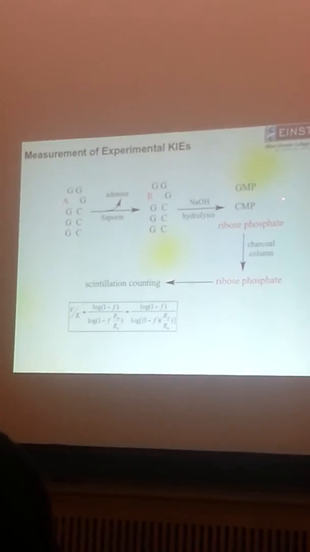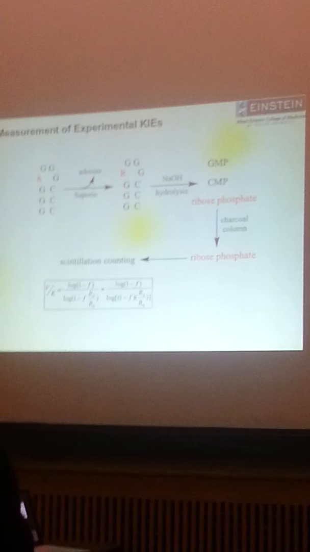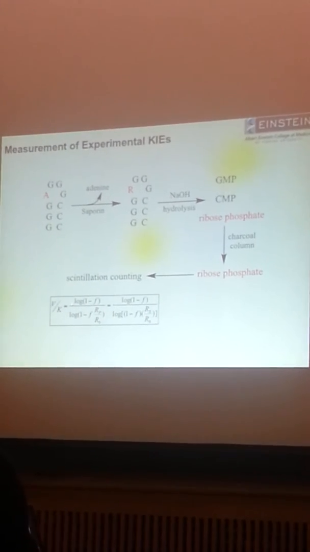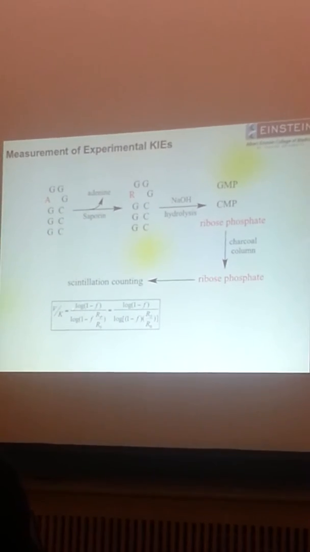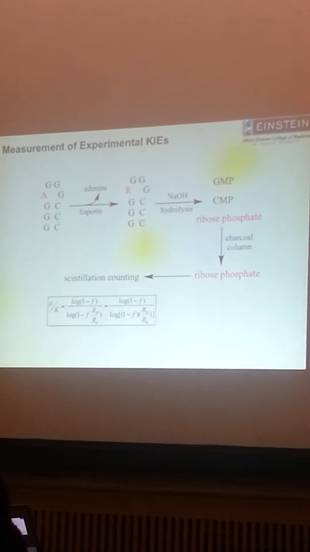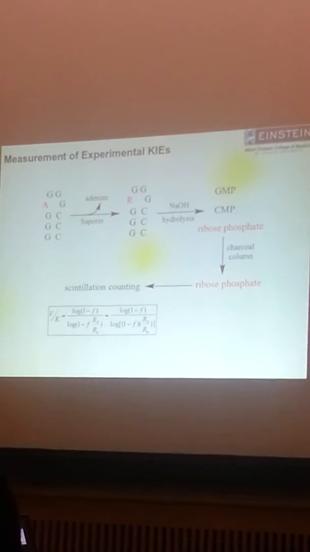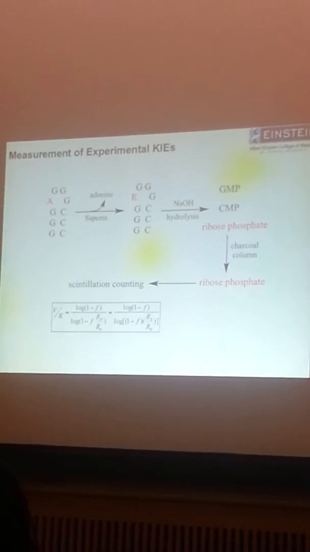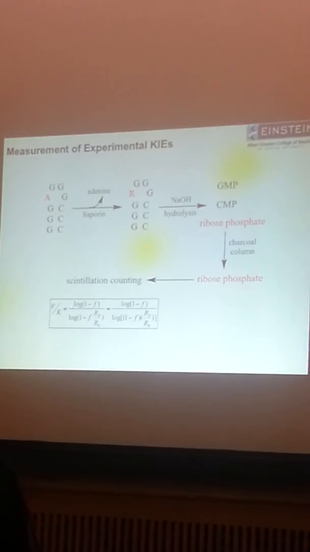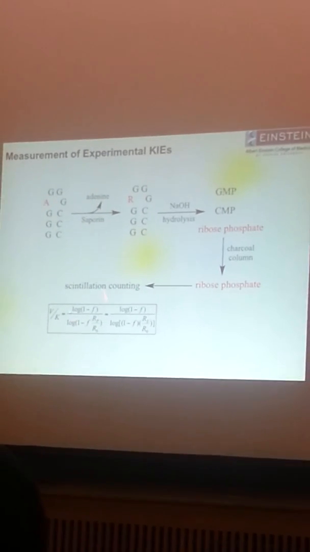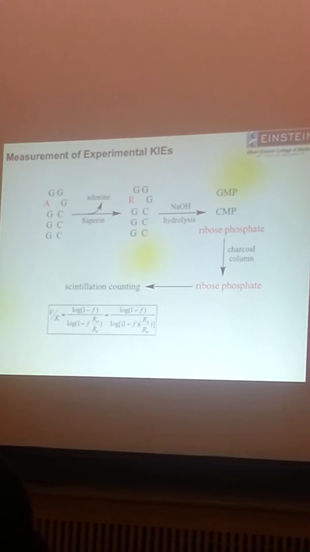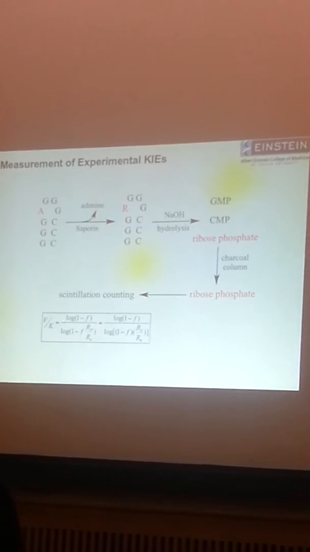After the column, the adenine and GMP, CMP will stay in the column, and only the ribose phosphate can go through the column. You collect the flow through, and you can check the count in the scintillation counter. And then with this equation, you can calculate the KIE.